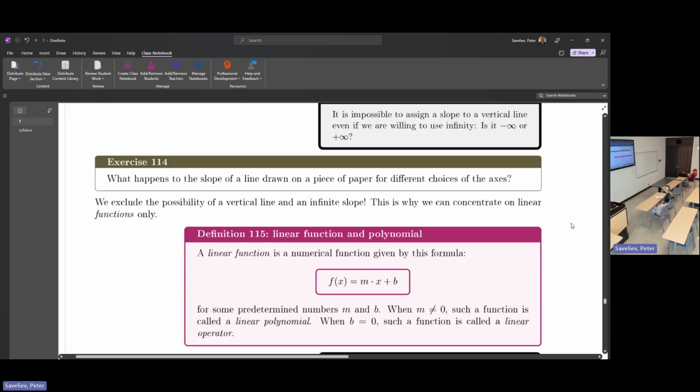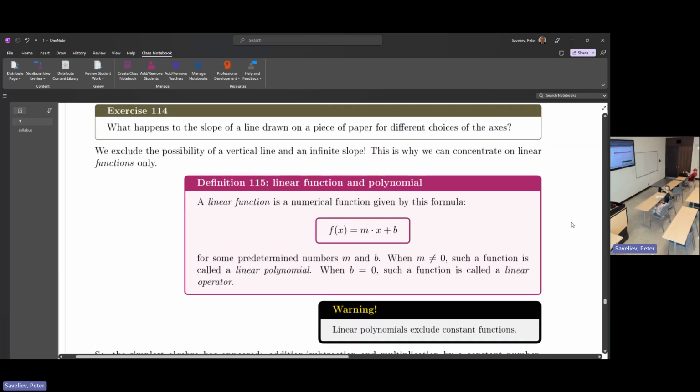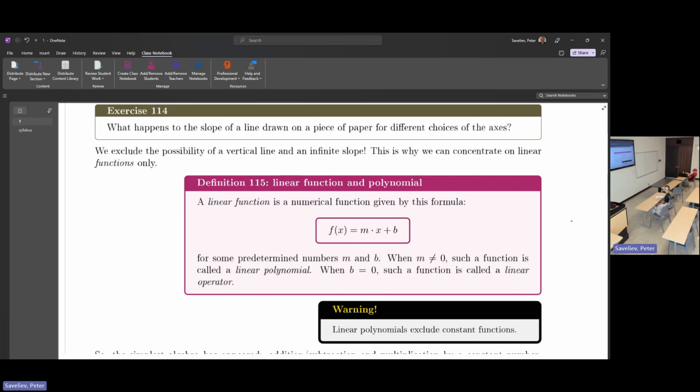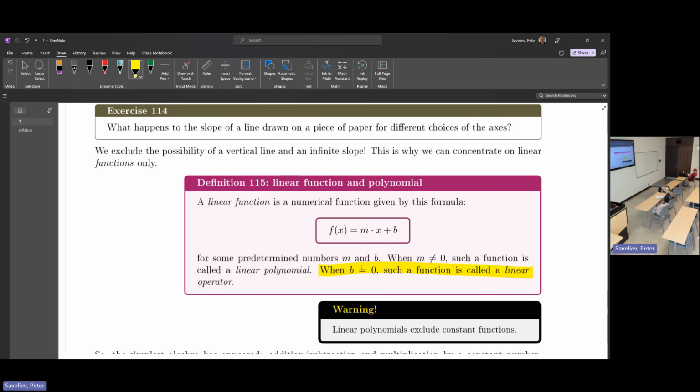This is the point-slope form. Looks familiar, right? So mx plus b, where m is computed in the manner we just discussed. This is a big part that separates us from what we experienced before in linear algebra, and the terminology can be confusing. This is definitely a linear function. You've seen this many times. And then there's a linear operator.